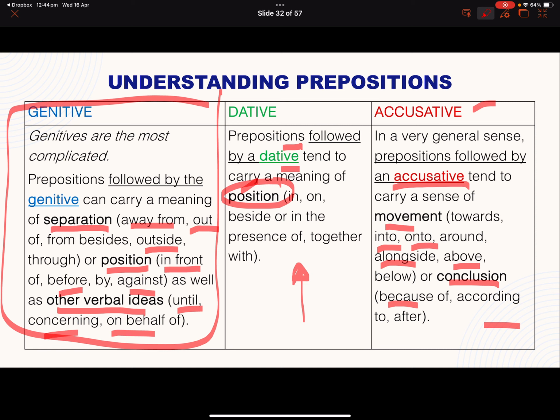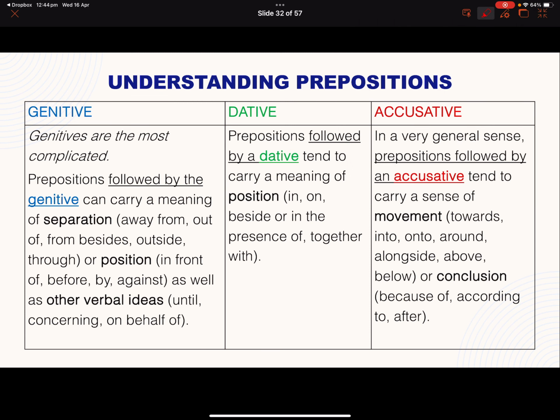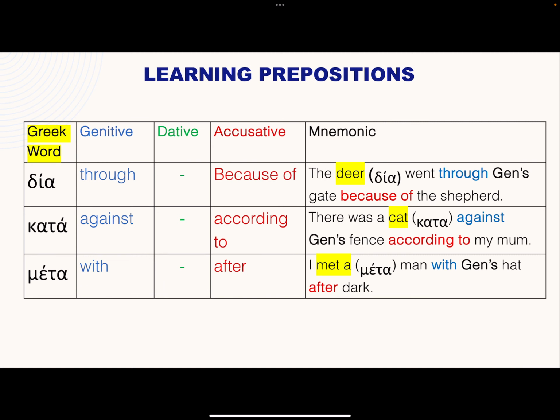So that's how grammarians have tried to work out what's going on when a word changes its meaning depending on whether it's being followed by a genitive, a dative, or accusative. As I said, it's not perfect, but it may help you as you try and get your head around prepositions.